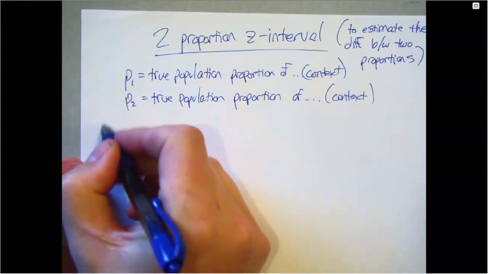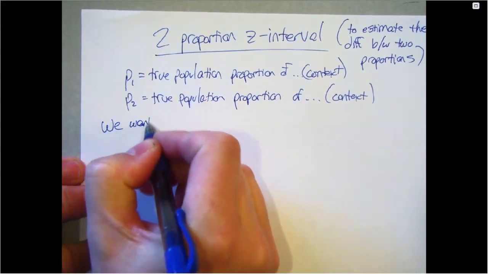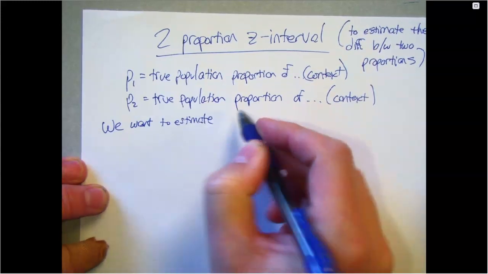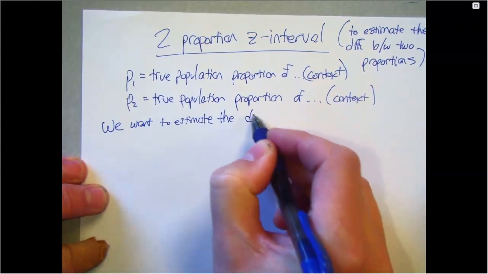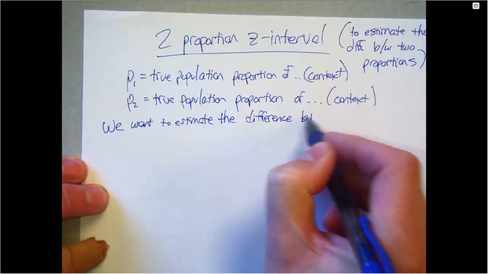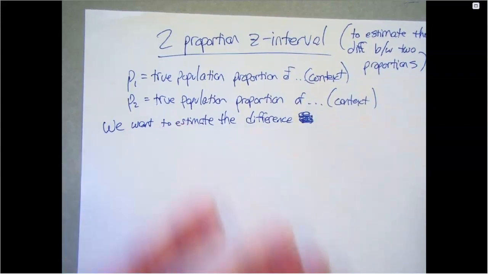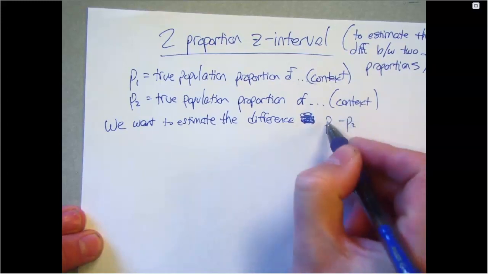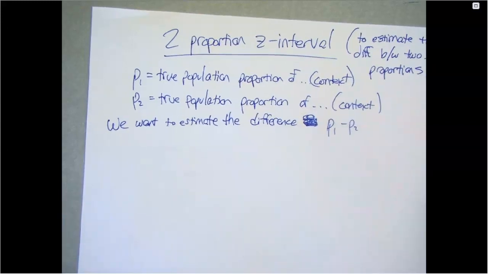So then we're going to say we want to estimate the difference, and I'm going to declare the order I'm subtracting. I'm going to declare it as P1 minus P2. That can change. It doesn't even have to be 1s and 2s.